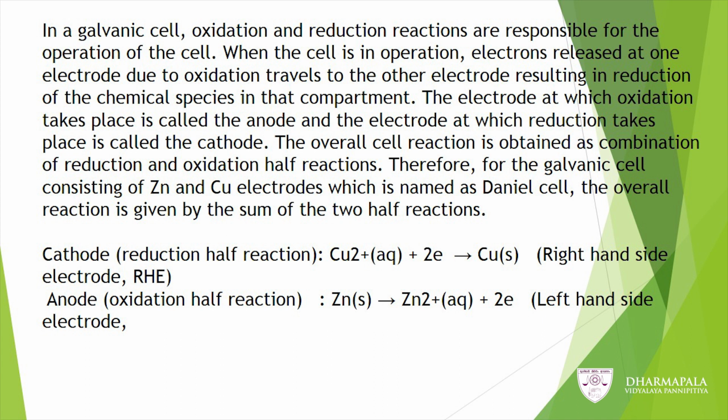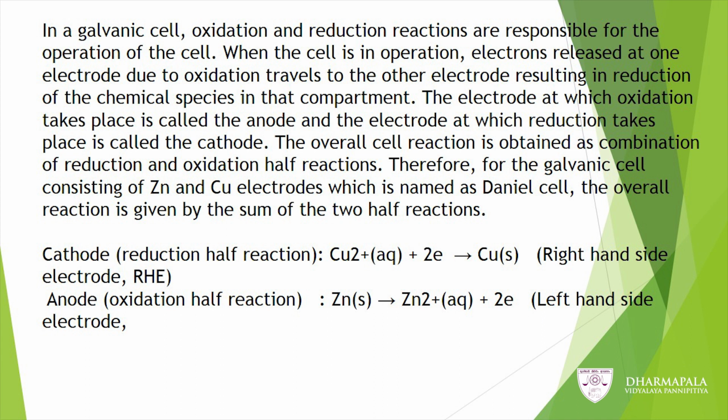The overall cell reaction is obtained as a combination of reduction and oxidation half reactions. Therefore, for the galvanic cell consisting of zinc and copper electrodes, which is named the Daniell cell, the overall reaction is given by the sum of the two half reactions.